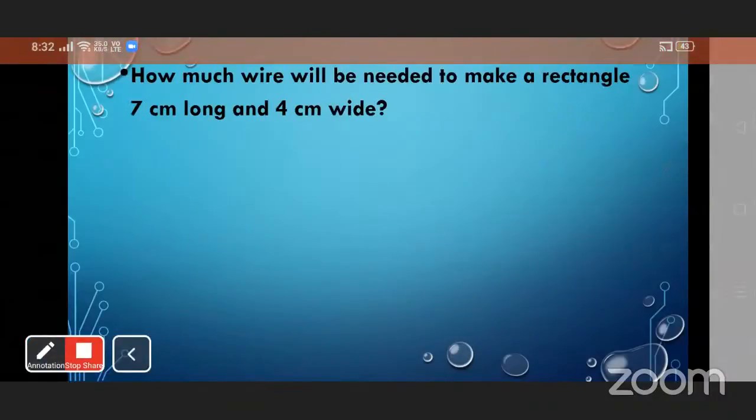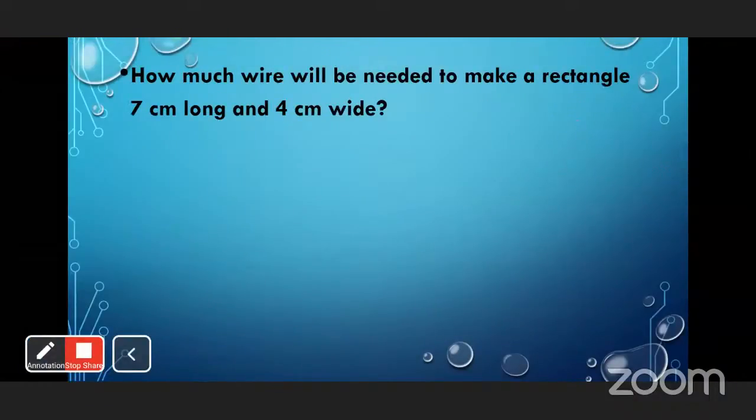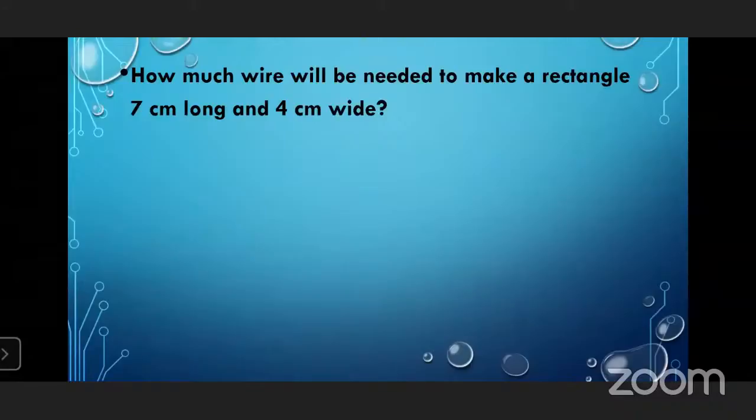Now the next problem. Read it. How much wire will be needed to make a rectangle 7 centimeter long and 4 centimeter wide? What do we have to do in this problem?